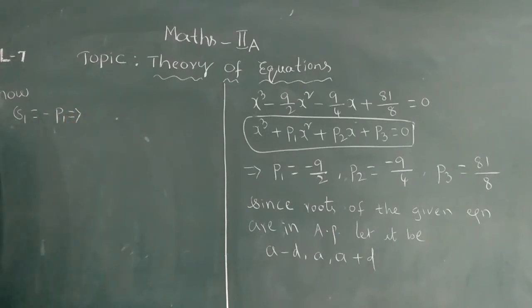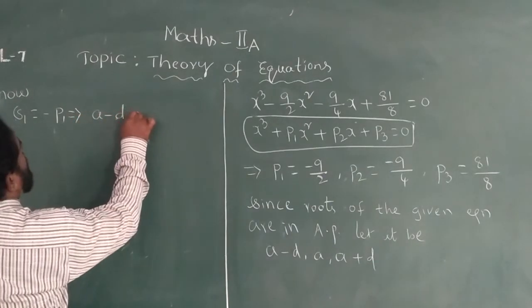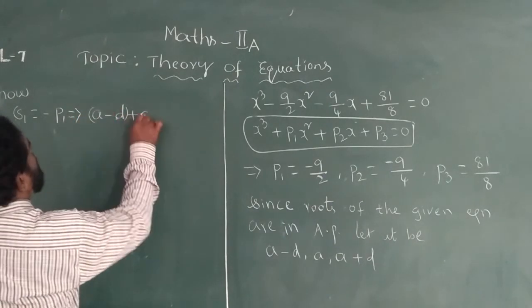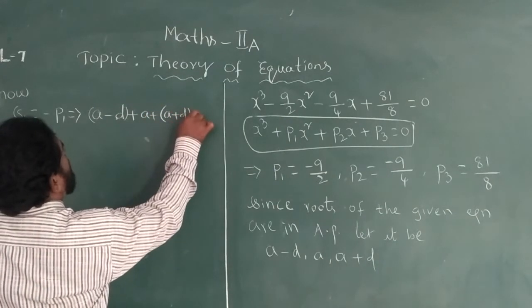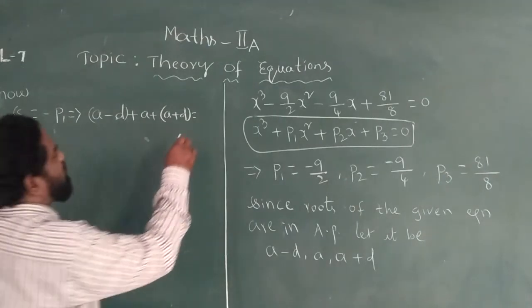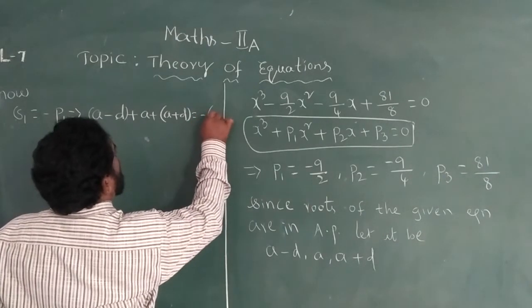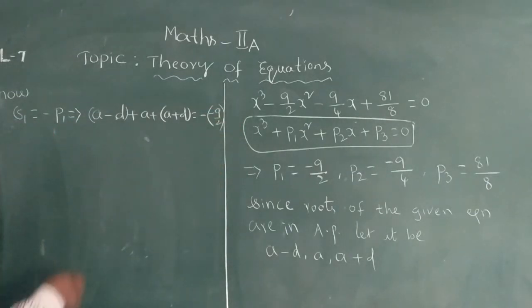This implies the sum of the roots, a minus d plus a plus d, equals minus p1. p1 is minus 9 by 2, so minus of minus 9 by 2.